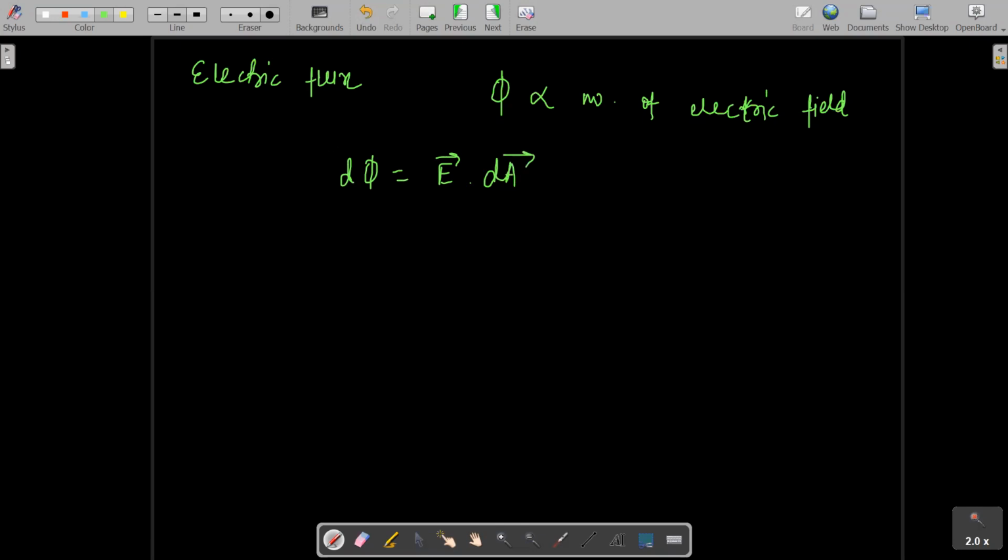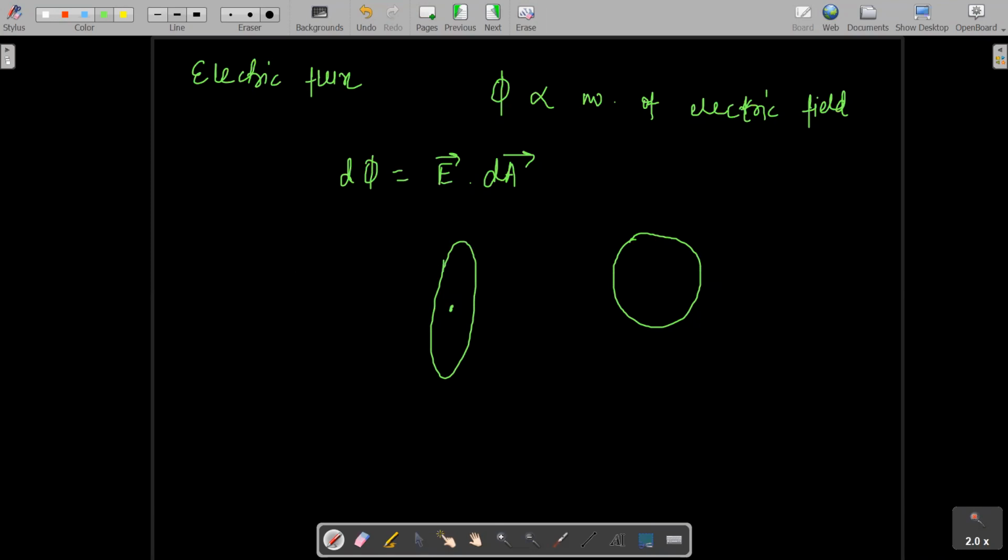From here we have known that area is also a vector quantity, right? I am making a surface here, let us say the surface is like this, kept somewhere or maybe hanged, whatever.